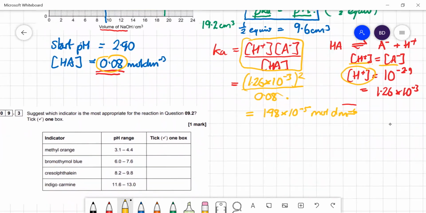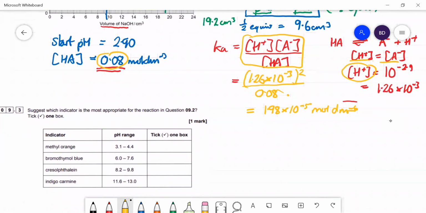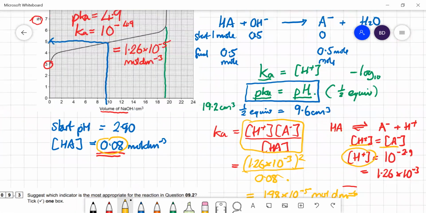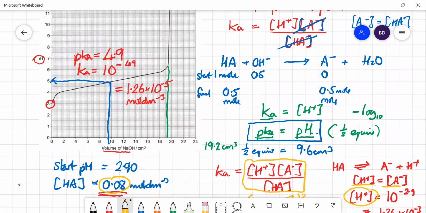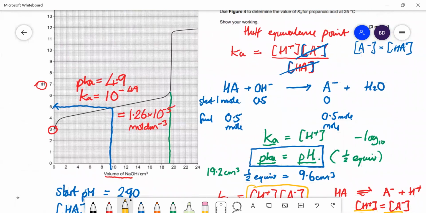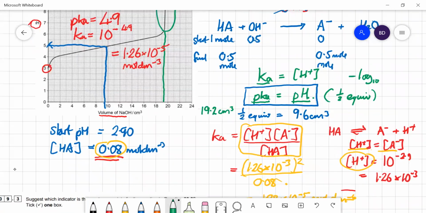Okay, which indicator is most appropriate for the reaction in 9.2? Right, let's look at this. This is looking a bit of a mess now, but we can see here, we need our indicator to change color in this bit of the graph. Okay, so we want to change it between 6.5 to 11.5. So you want an indicator that changes then.